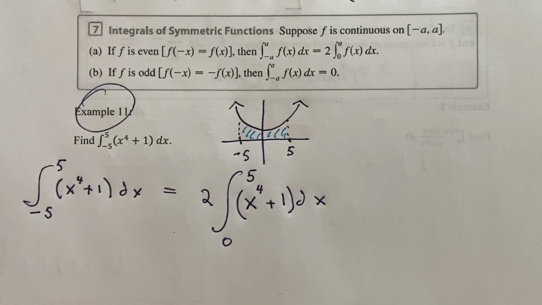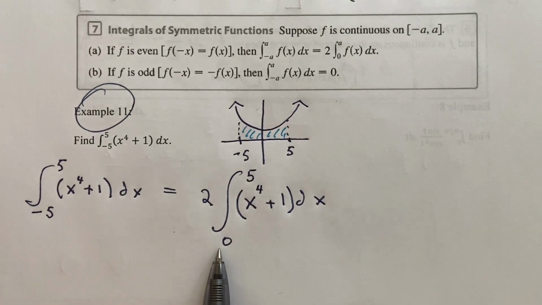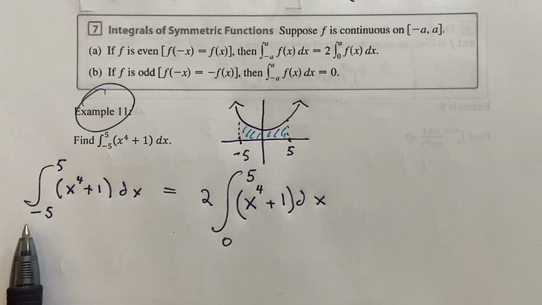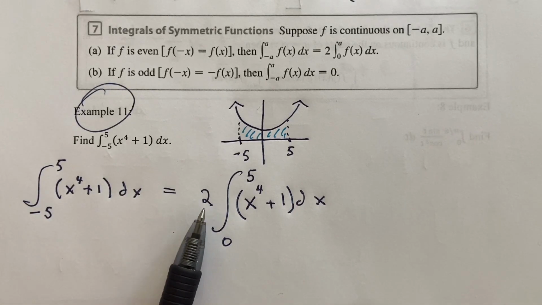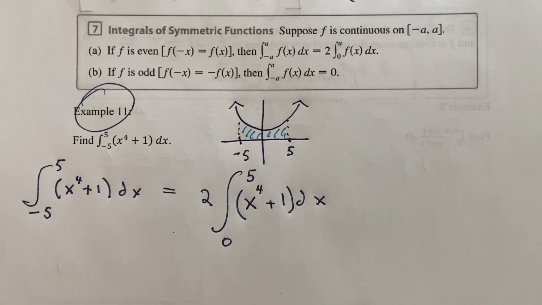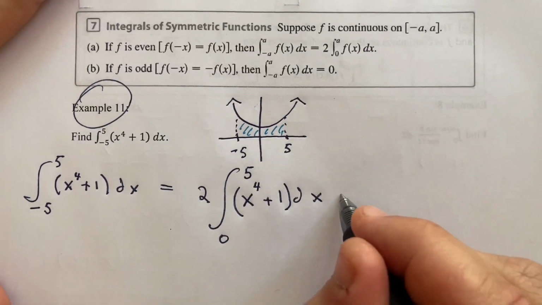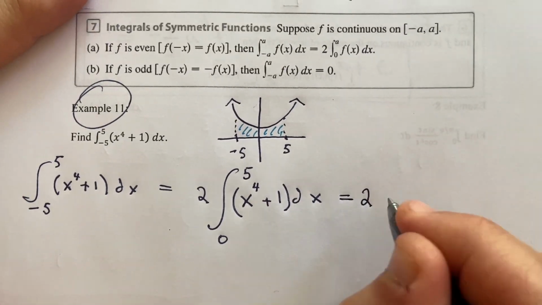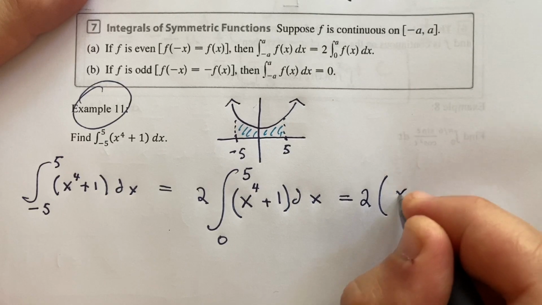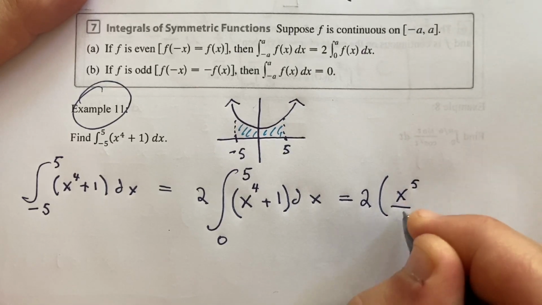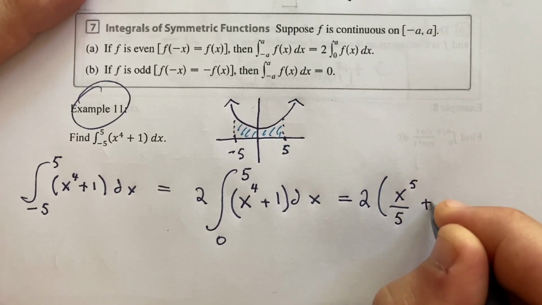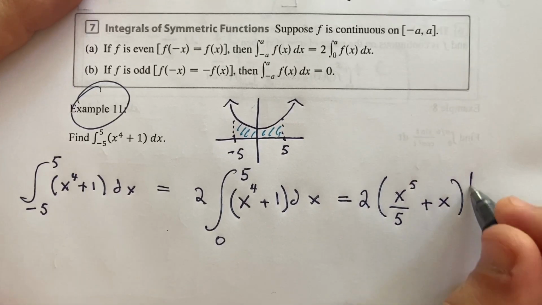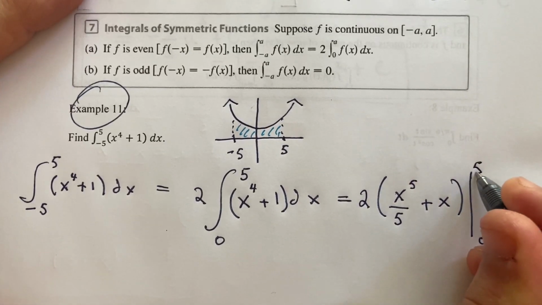It's nice to do because plugging in a 0 into your antiderivative is easier than plugging in a -5, and then doubling just produces the same amount of area. So I can write now 2 times x to the 5th divided by 5 plus x, and then we'll evaluate from 0 to 5.